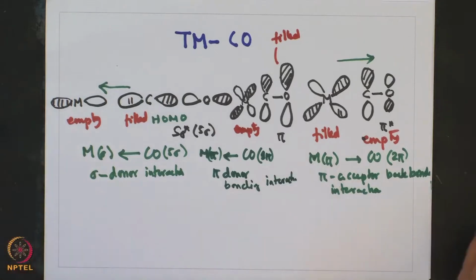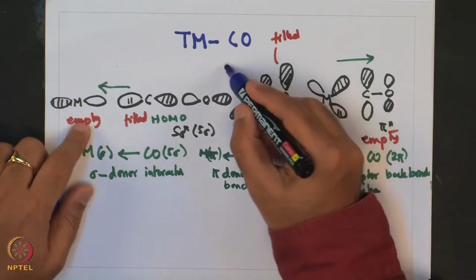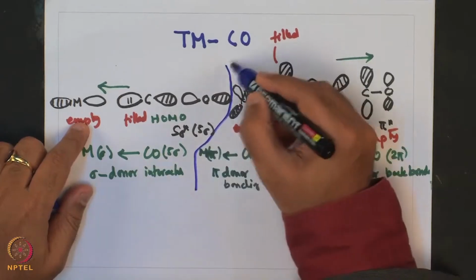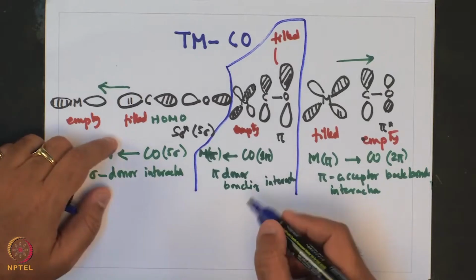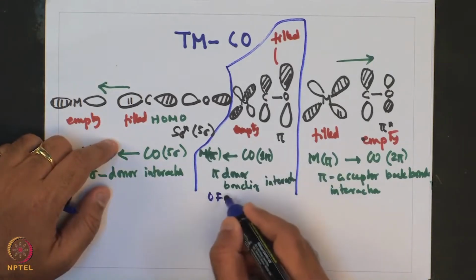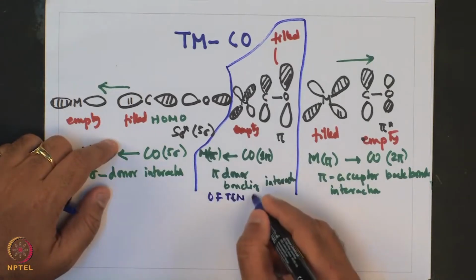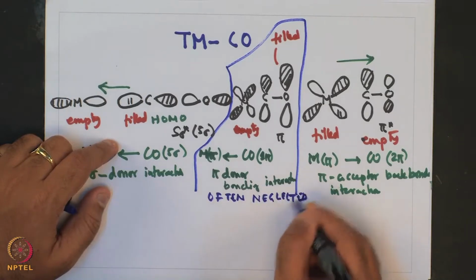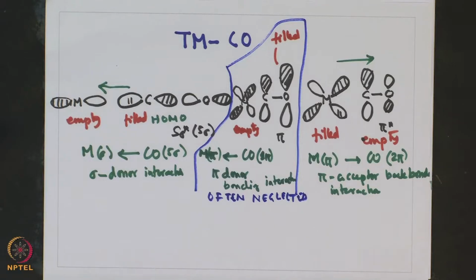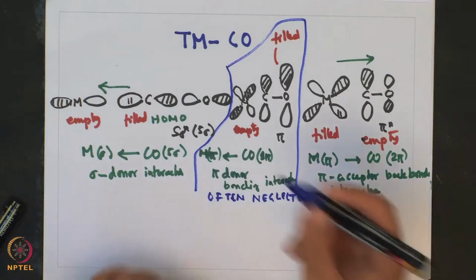But this pi donor bonding interaction, which is depicted over here, is often neglected. Mainly when people talk about metal CO interaction, they talk about two interactions.